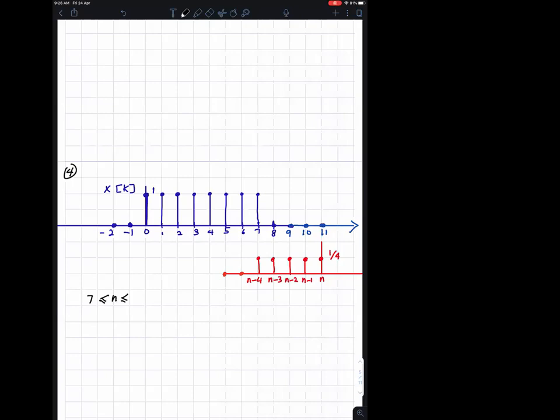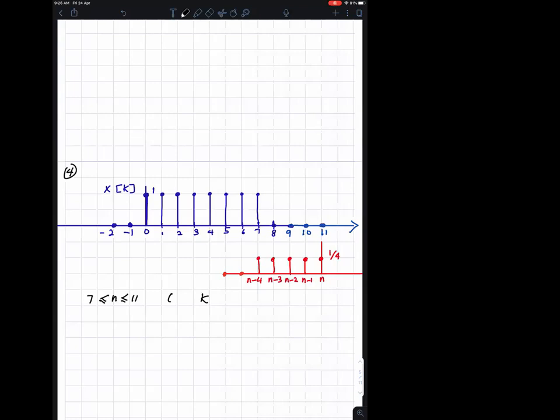If n is 11, then this is 11, this is 10, this is 9, this is 8, and then this is 7, right? Therefore, k is in terms of n.